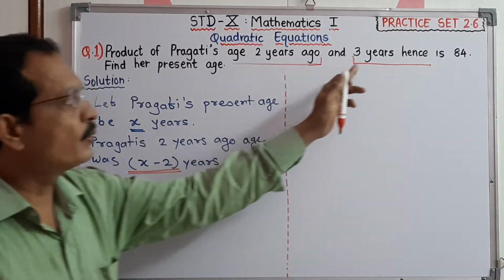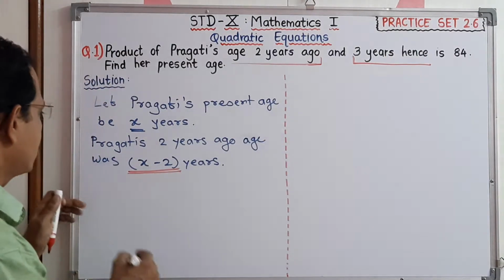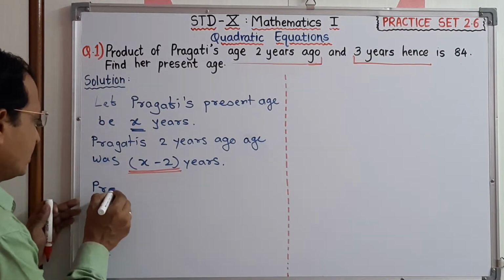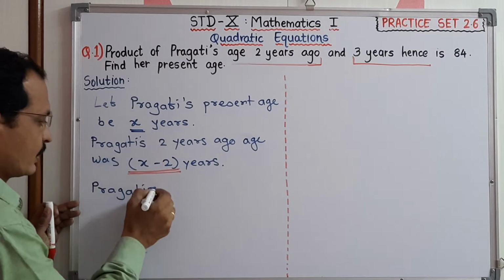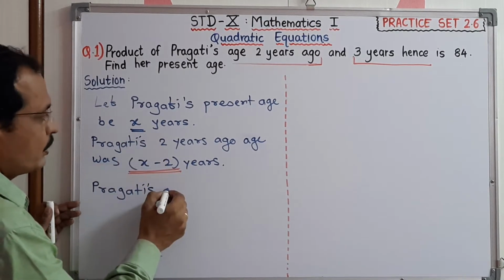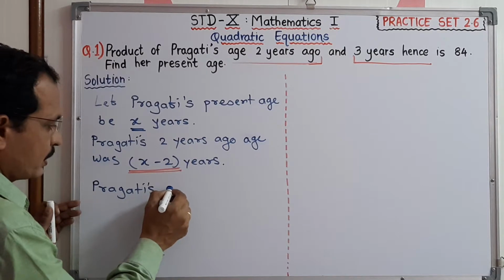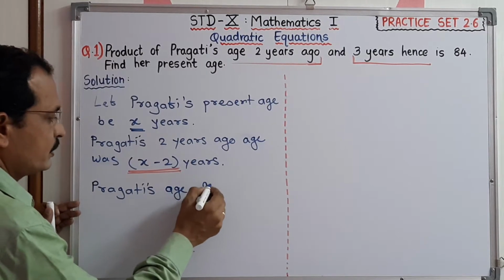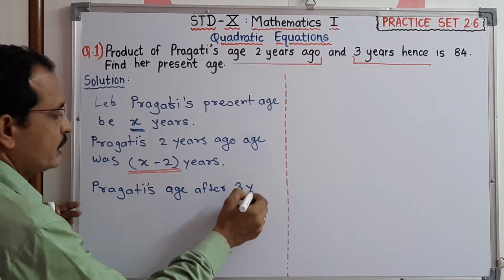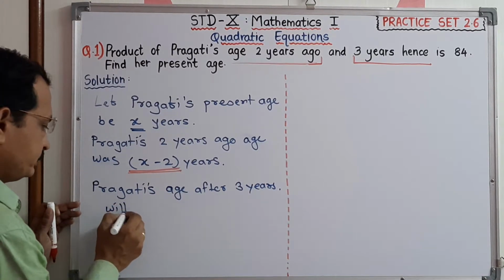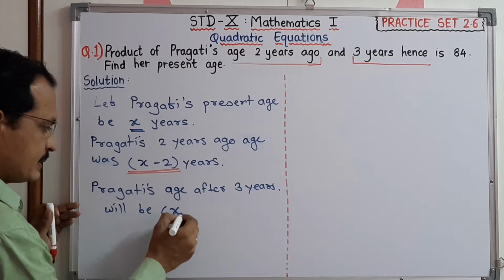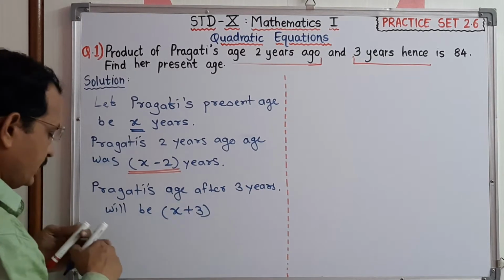Now we have to find out the age after 3 years. Therefore, we write here Pragati's age after 3 years will be x plus 3.